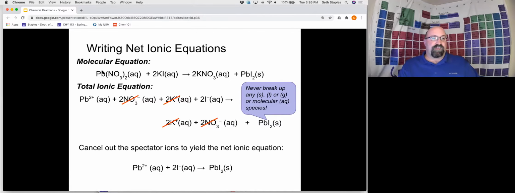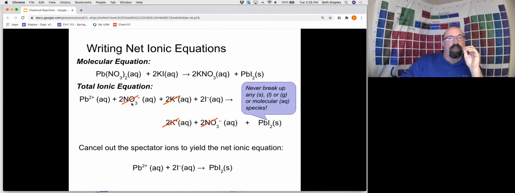And that's one of the ways that it would exist, just in its solid form, sitting there in either a crystalline or a powdered form. Likewise, the KI is going to exist as a solid. And so once we dissolve it, that's when they split up into their ions.